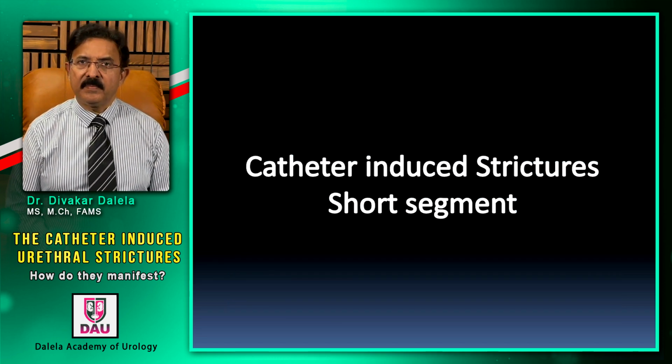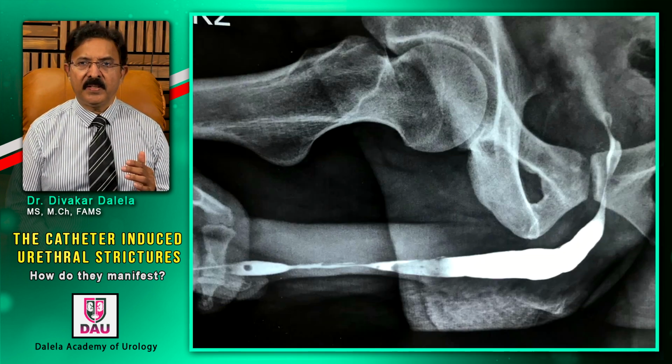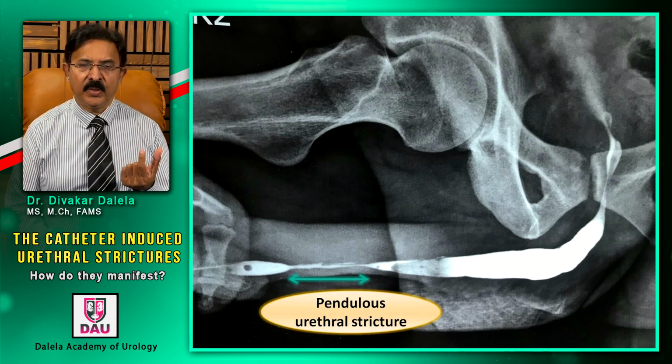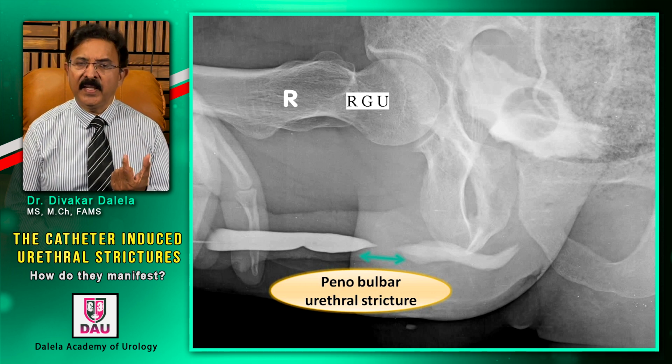If you look at the radiographic pictures of these established strictures, you will see them either as short length strictures. Here is the urethrogram showing you a pendulous stricture which is about 2 to 3 centimeters in size. Here is a case of a stricture at the penobulbar junction, shown by the green arrow, which is about 1 centimeter.